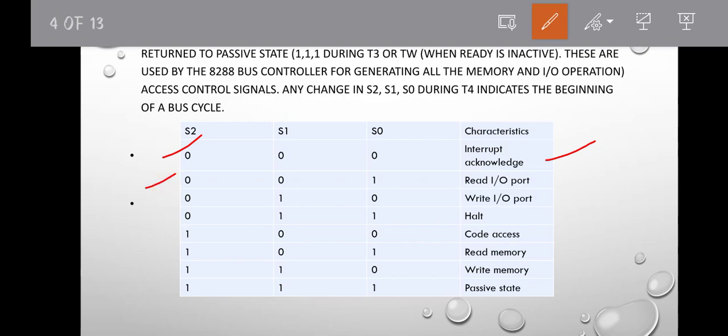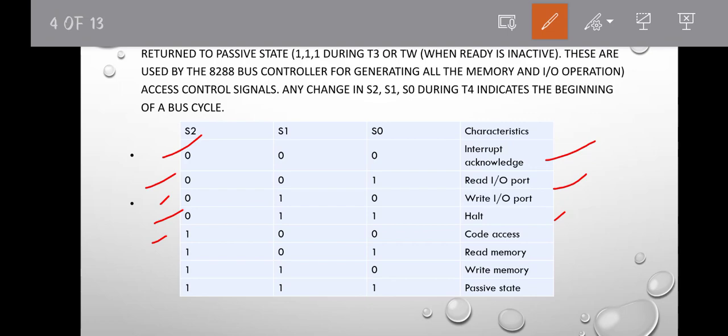If it shows 0, 0, 1, it means read input output port. And 0, 1, 0 means write input output port. And 0, 1, 1 means halt.